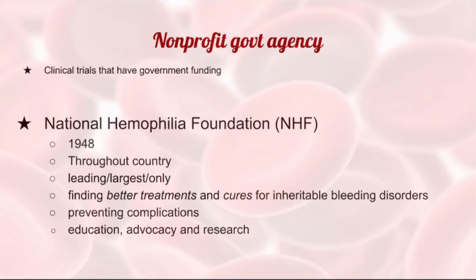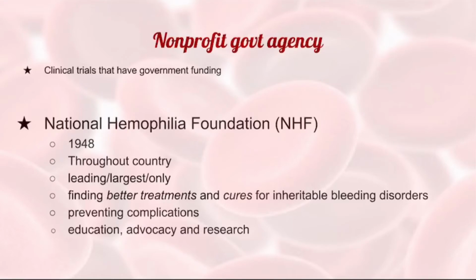More specifically, the National Hemophilia Foundation is the leading, largest, and only national nonprofit organization dedicated to finding better treatments and cures for inheritable bleeding disorders and to preventing the complications of these disorders through education, advocacy, and research. Established in 1948, the NHF has chapters throughout the country.